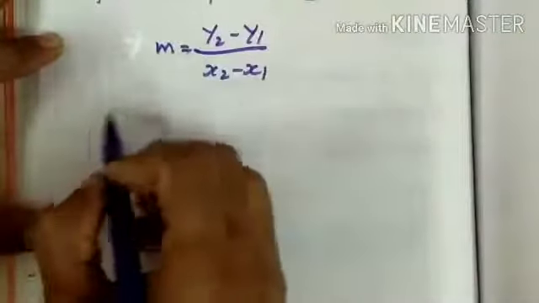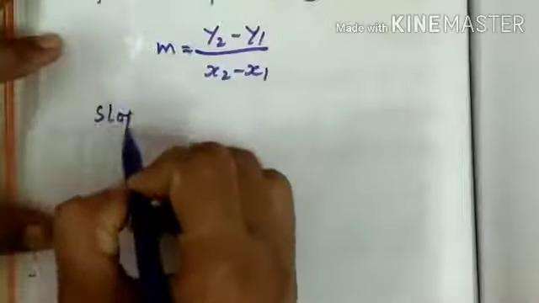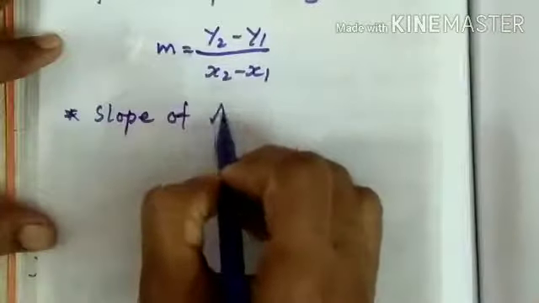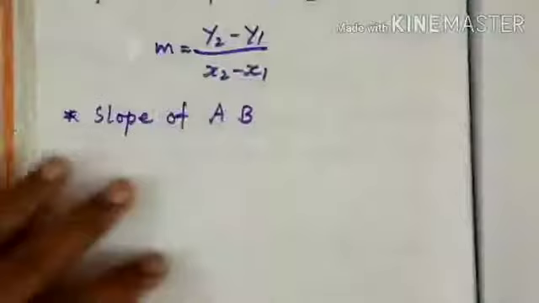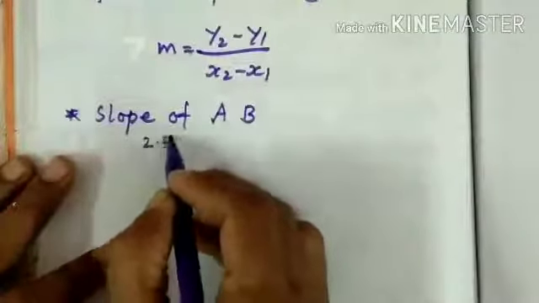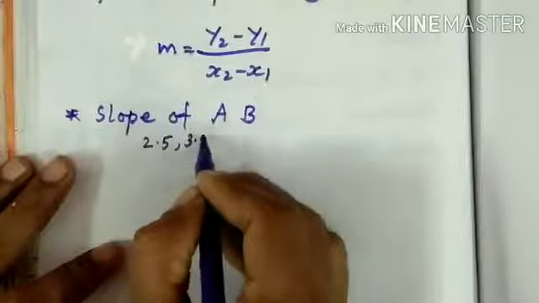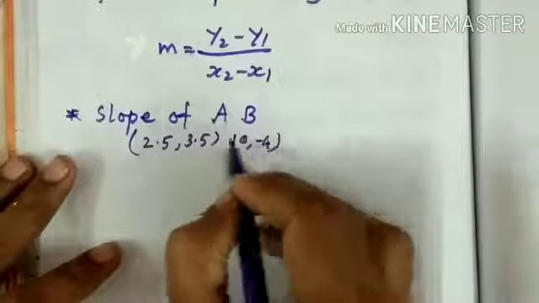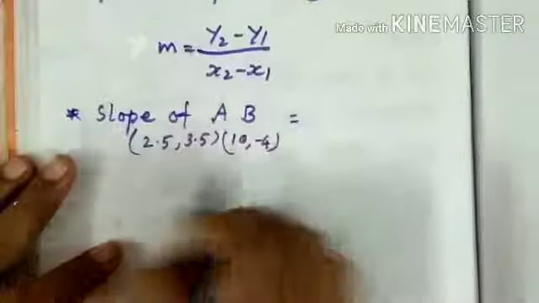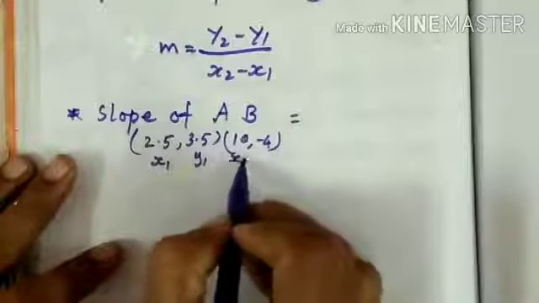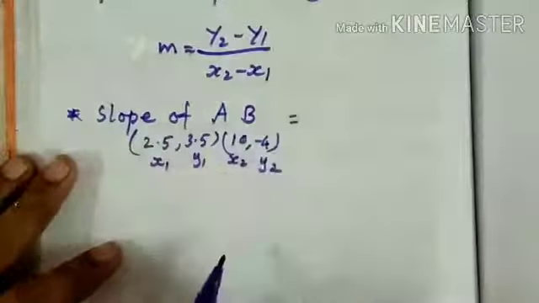Then first you have to find the slope of AB. Take down and write the given points. A point (2.5, 3.5) and B point (10, minus 4). Now let us keep these points as x1 y1 x2 y2.